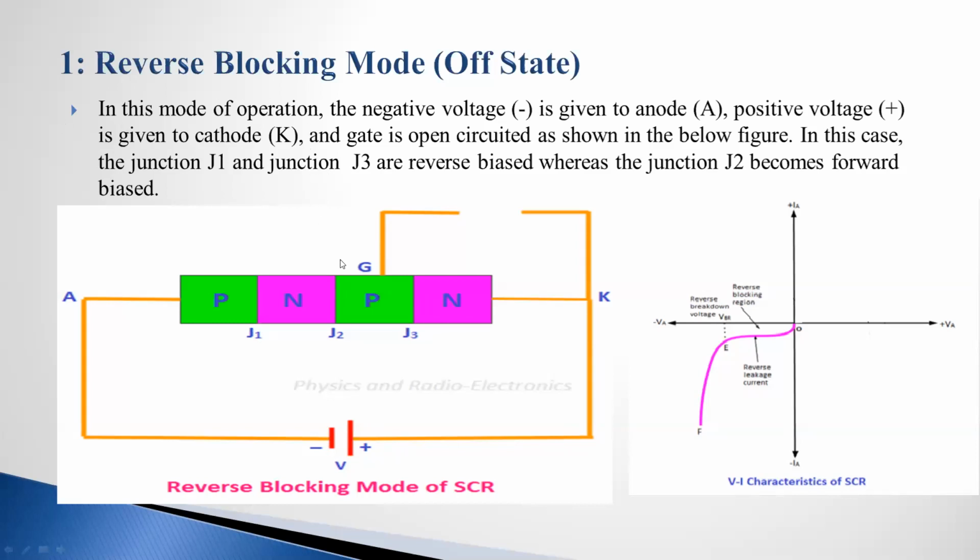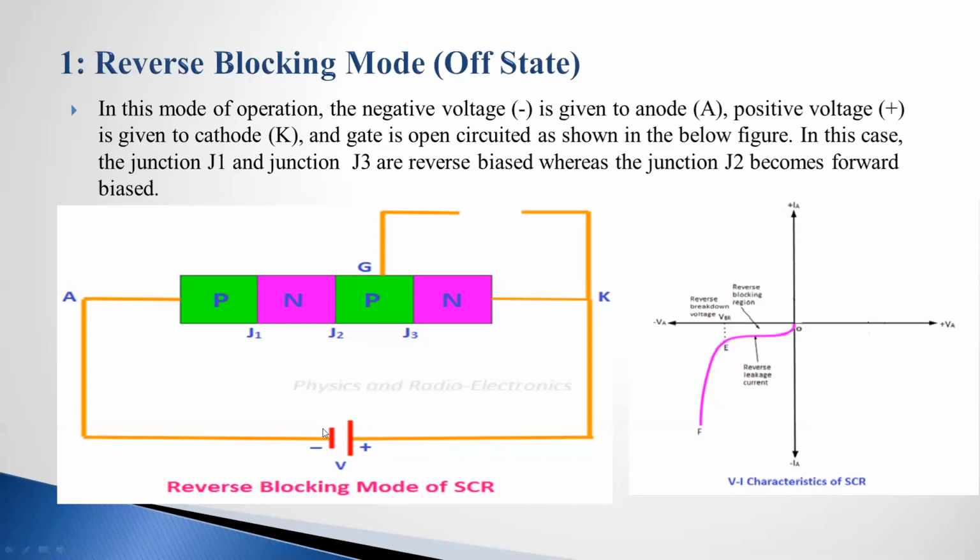Then what happens here? When the anode is connected to the negative terminal of the supply and the cathode to the positive terminal, the SCR goes into the reverse blocking mode. How?